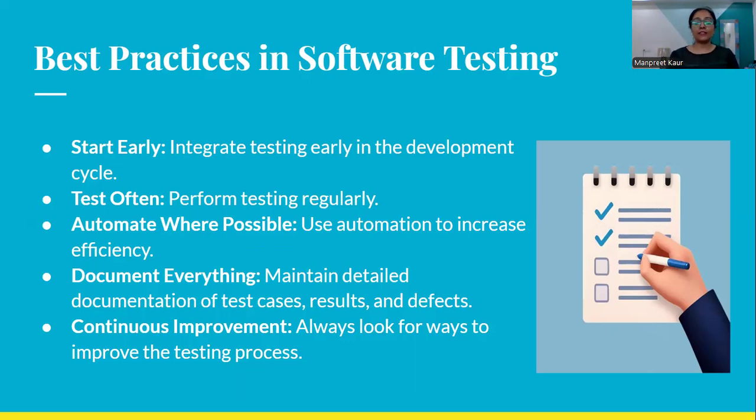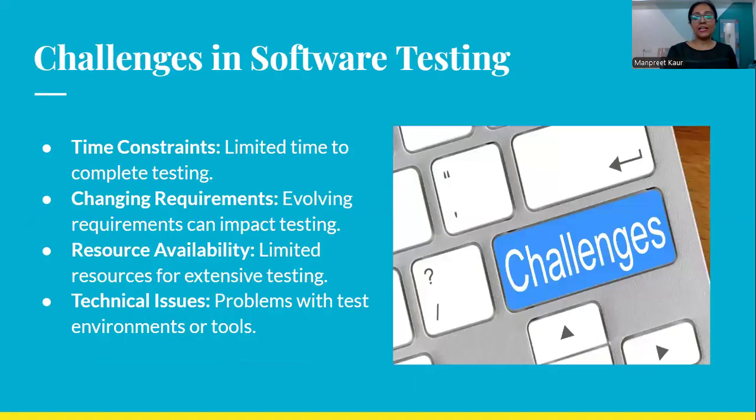For example, I have given the high level scenarios and test case example, and then continuous improvement. Once you have interest in the application, you will get yourself improved as well, right? If you don't have interest, then that improvement will never happen, and it will be very difficult for you to test that application.